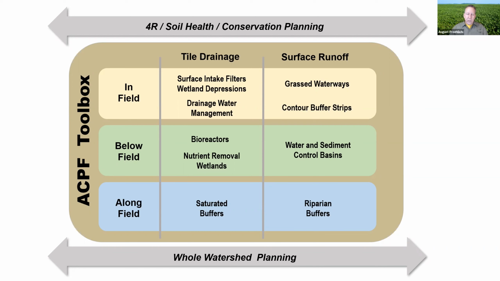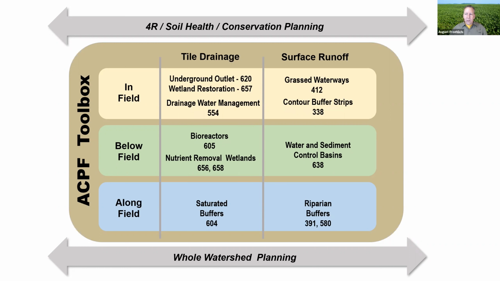We can lump those ways of dealing with that into in-field practices, below field practices, and what I call along field practices. There is a variety of these types of practices, all designed to help deal with water quality and water quantity issues that may be faced by the watershed we're talking about. And there are specific NRCS practices that these tools were designed to develop suitable sites for.